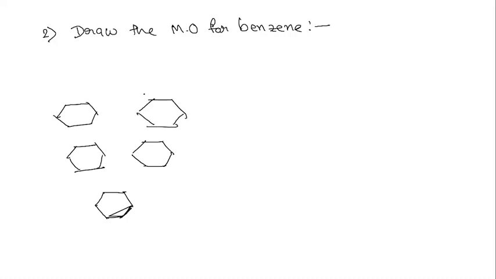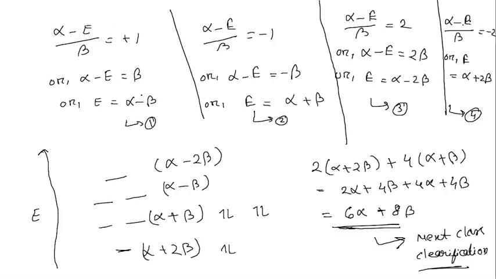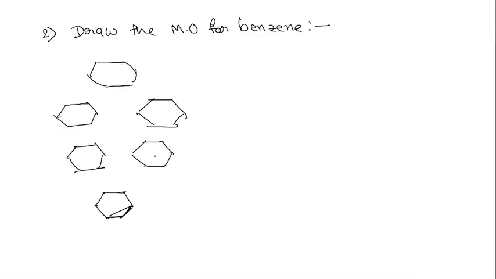Why am I writing degenerate levels? I already showed that it has two degenerate levels, and these two are doubly degenerate. So I am writing it here like that. And each carbon has a p orbital perpendicular to the plane.